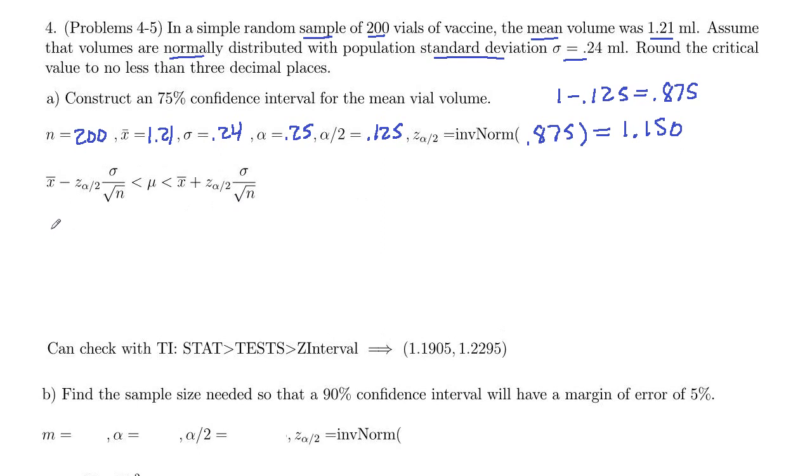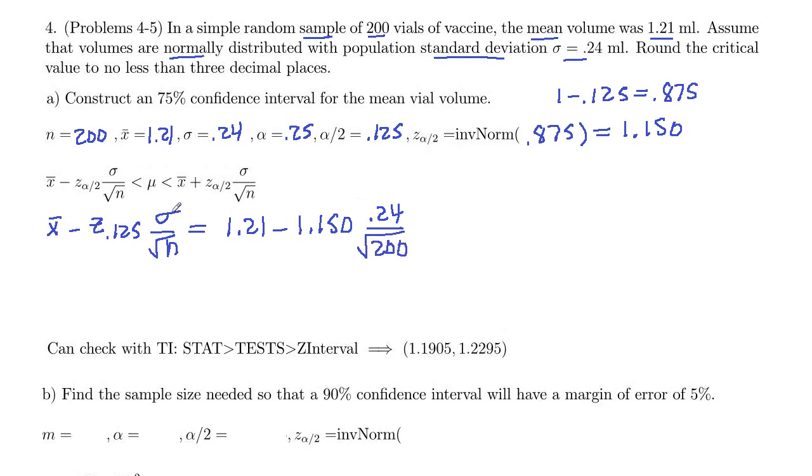So the lower limit, X bar minus z 0.125 sigma over root N, is going to be 1.21 minus that z value, 1.150, times our sigma, which is 0.24, and divide by square root of the sample size, which was 200.